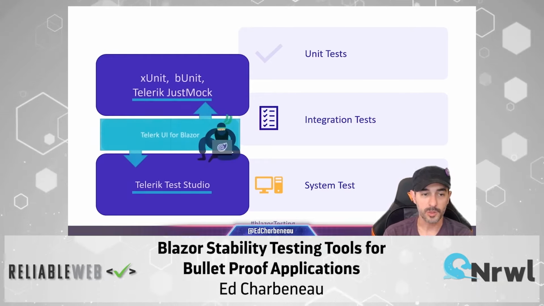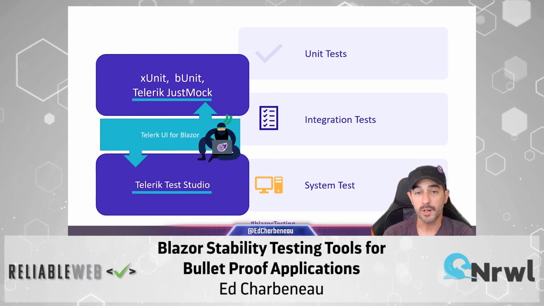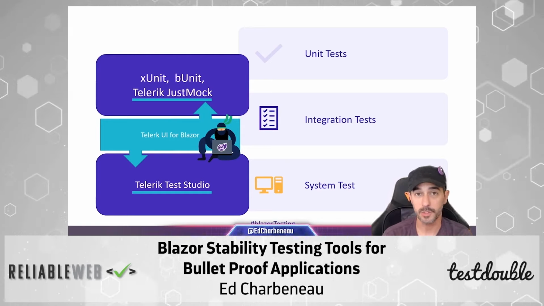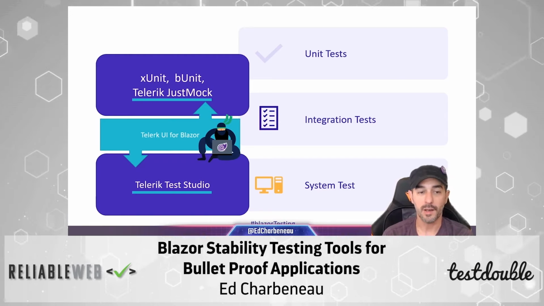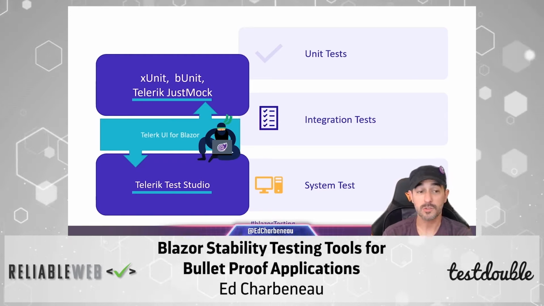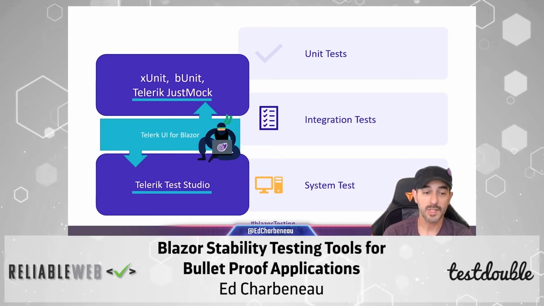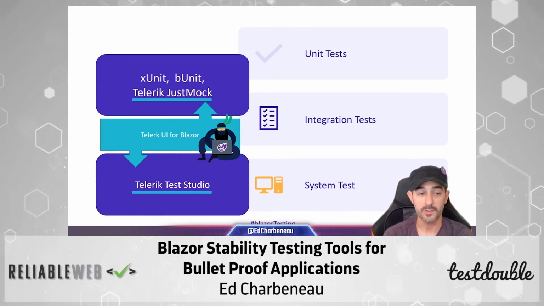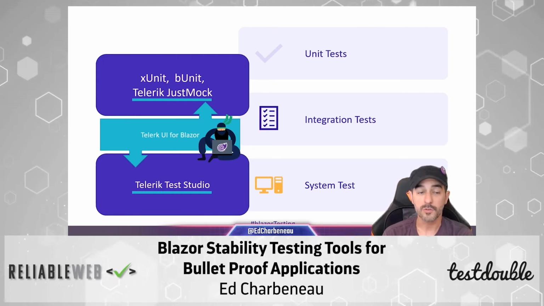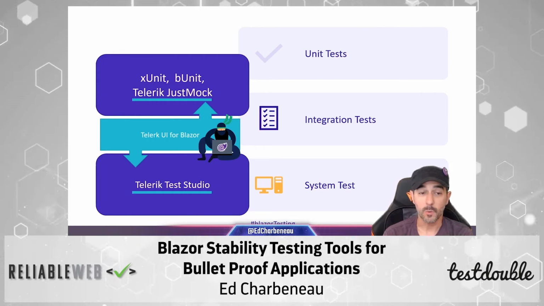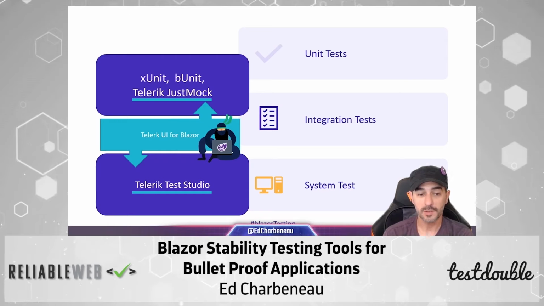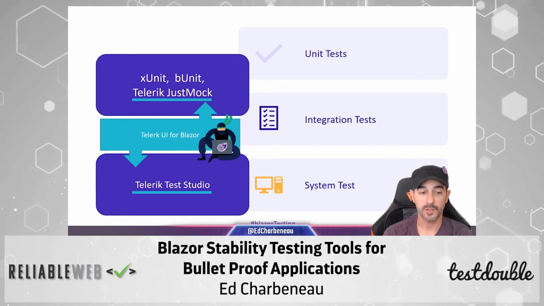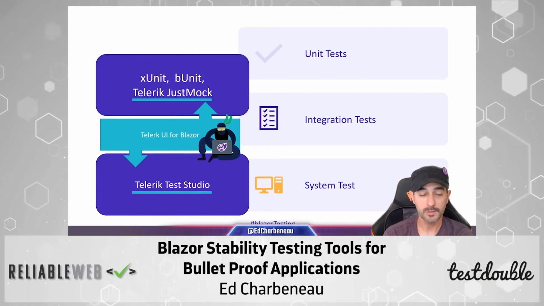If you're a Telerik customer, we've been working really hard on integrating all of these things together. So if you're building UIs with Telerik UI for Blazor, then we have some frameworks to help with that process. And it integrates tightly into some of our other products that have to deal with testing. So for example, XUnit and bUnit work perfectly with JustMock, and those things have been built with Telerik UI for Blazor in mind as well.